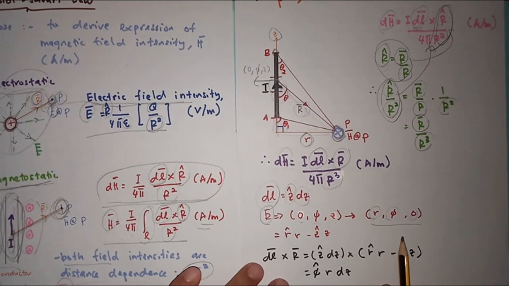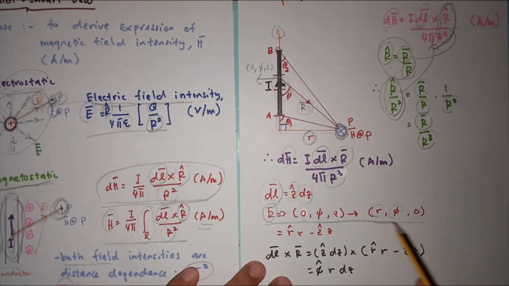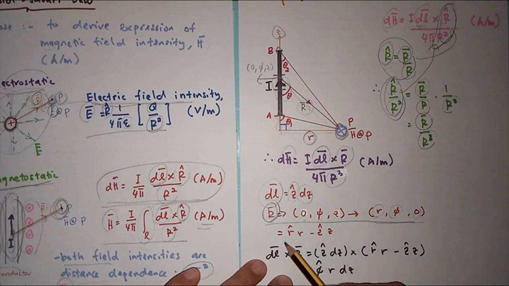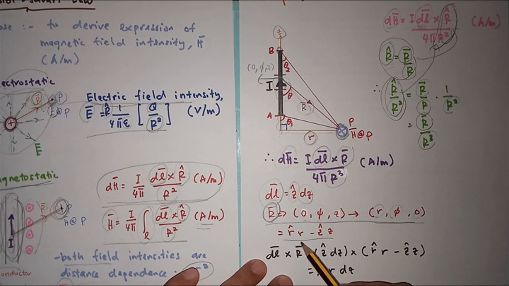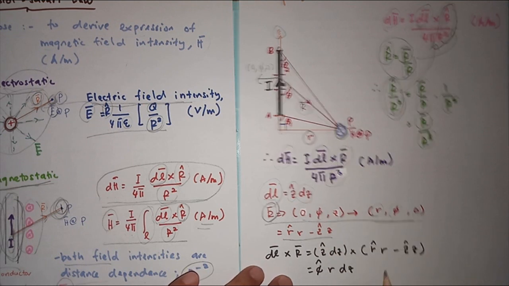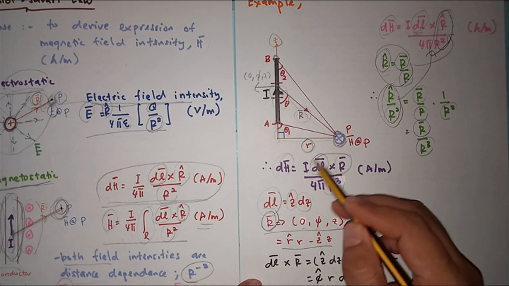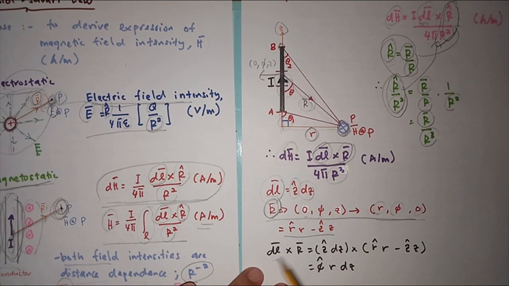Based on this condition, we will have the expression for our vector of r given by r r-cap minus z z-cap. If we solve this operation, we have the vector dl equal to z-cap cross with the vector of r.